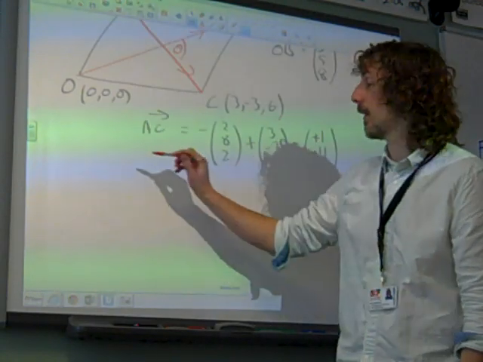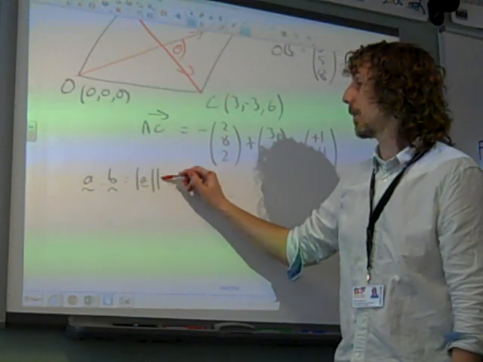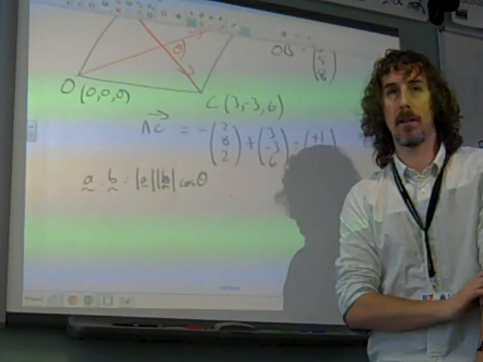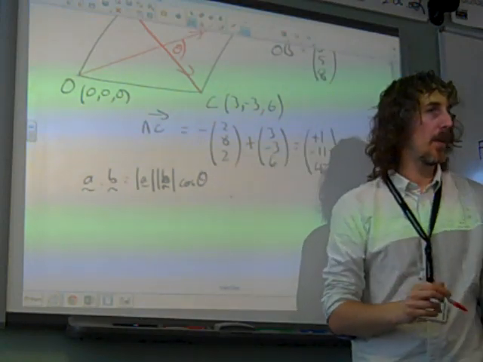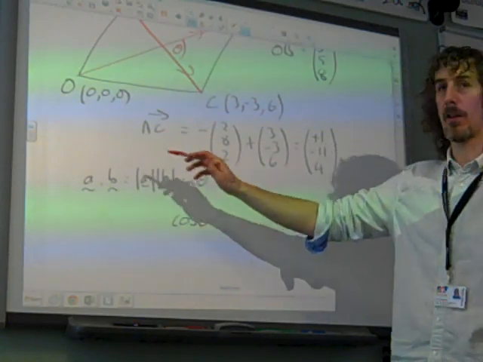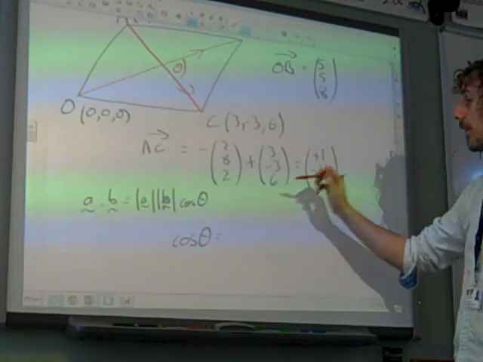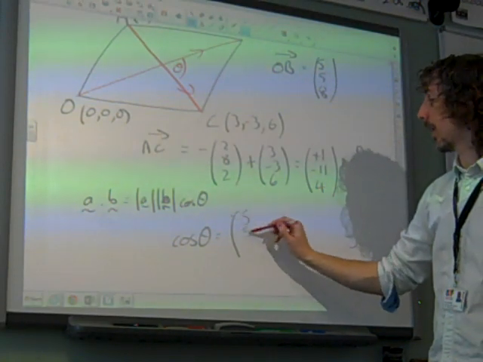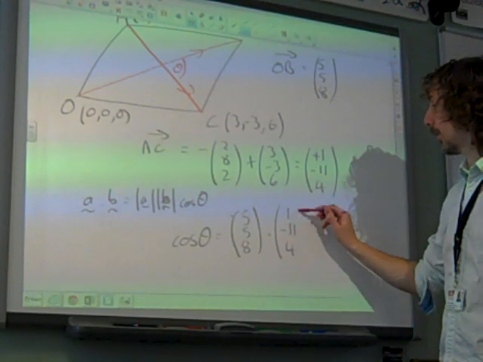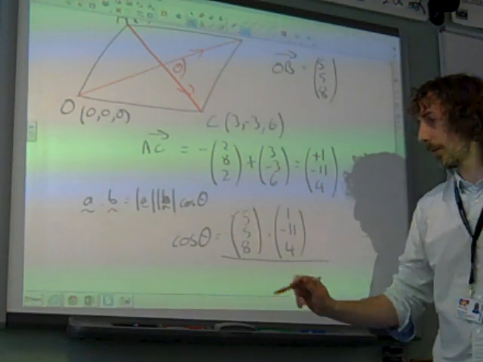Scalar product says that a dot b is magnitude of a, magnitude of b times the cosine of the departing angle in between them. So if we rearrange that, we've got that the cosine of theta is the dot product of our two vectors, which remember are this vector and this vector. So the dot product of 558 and 1 minus 11, 4, divided by the product of their two magnitudes.